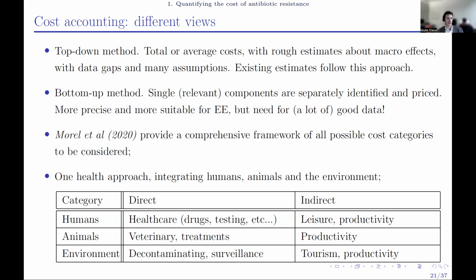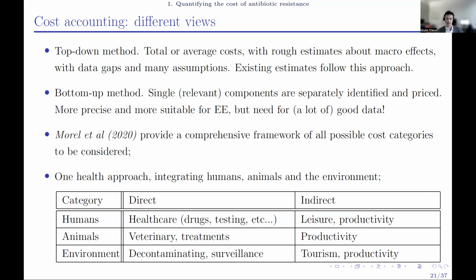Applied to humans. To animals, basically we have almost the same, because instead of treatment of humans, we have the treatment of animals. And also here we have productivity, in the sense that if we have a number of, let's say, cows that cannot produce milk for a while, it's a loss for the companies that have the animals.